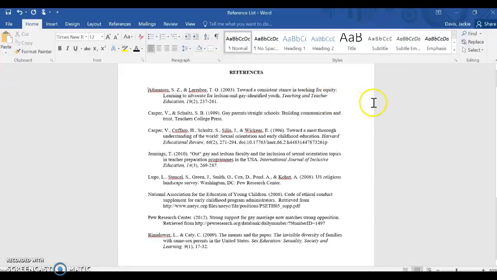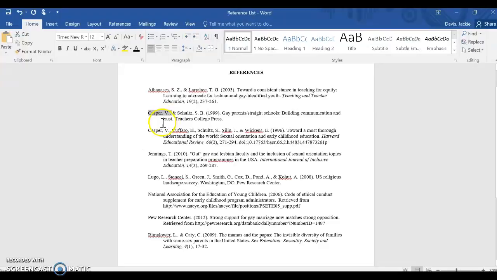The next bit of information that you need to provide, and it depends on what the actual article provides, are the initials of the author's either first name or first and middle names. So on this particular author, the article listed SZ as the first and middle initial of that author. Here you will notice that this author's last name, Casper, only lists one initial because that's all that was provided in the article.